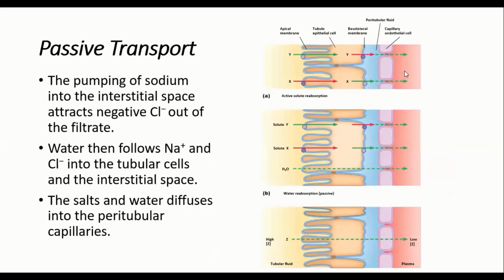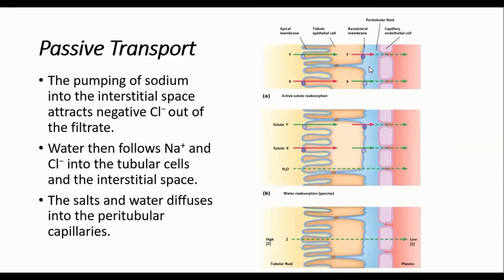One of the effects of this movement of sodium is that as we pump sodium basically all the way across this cell, due to the action of this sodium-potassium pump, we're basically concentrating sodium here in this peritubular fluid.